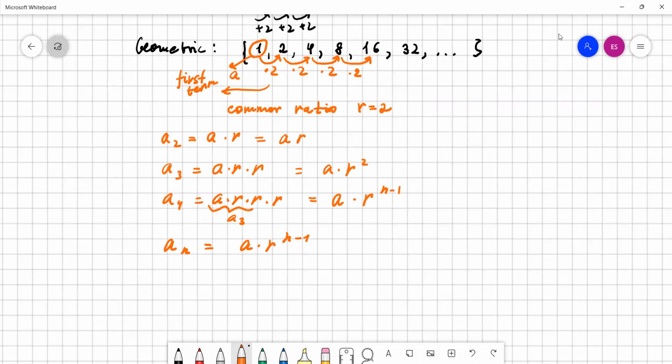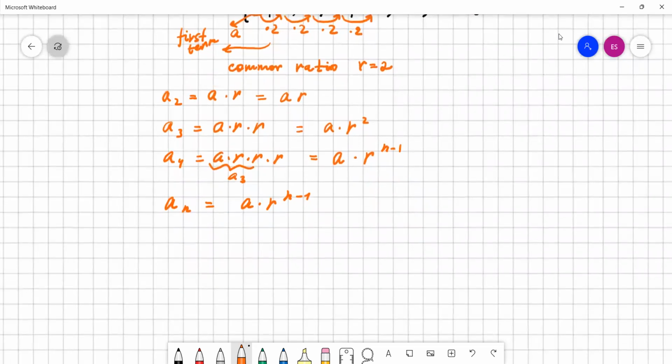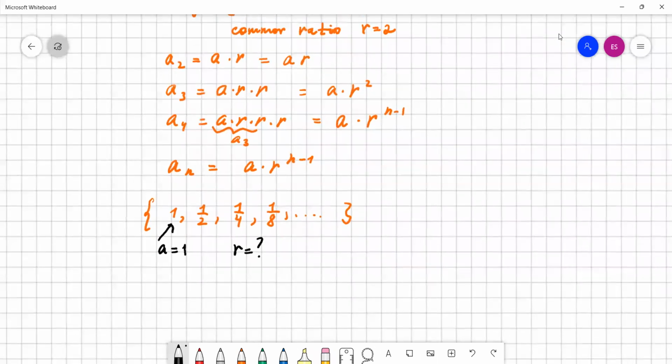Now, guys, let's imagine that somebody gives me a geometric sequence and I'm trying to figure out what is what in it. So my first term is 1, my second term is 1/2, and then 1/4, and then 1/8, and so on. It's obvious that my A is equal to 1, right? But what is my R? How to find R? What I know is that to move from this term to this, I multiplied by R. So 1/2 multiplied by R is 1/4. What does it mean?